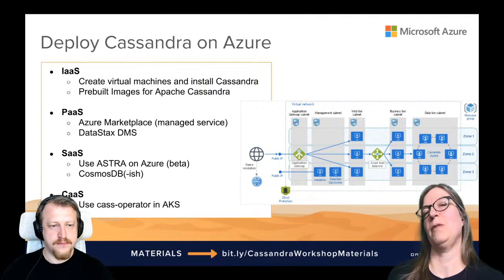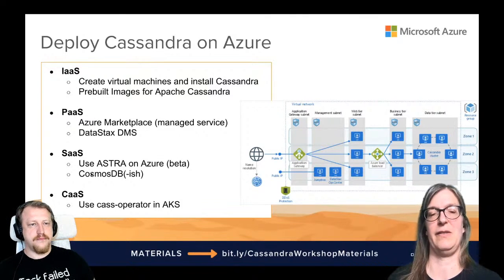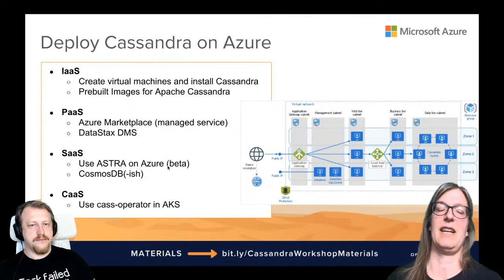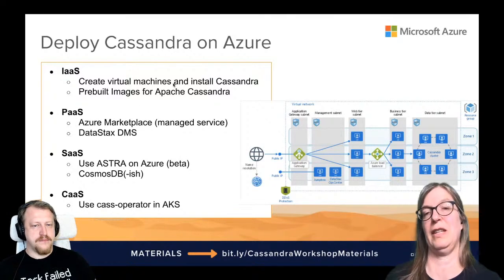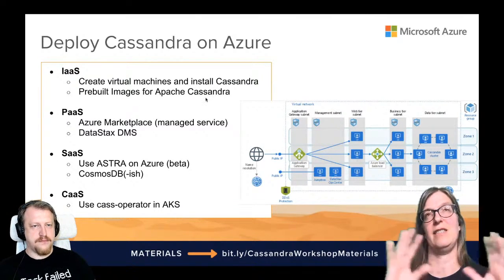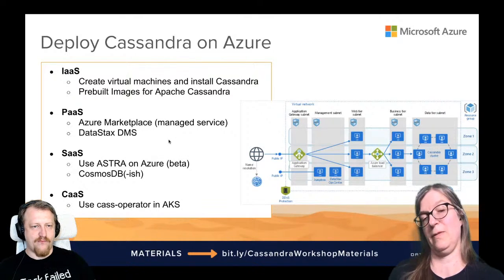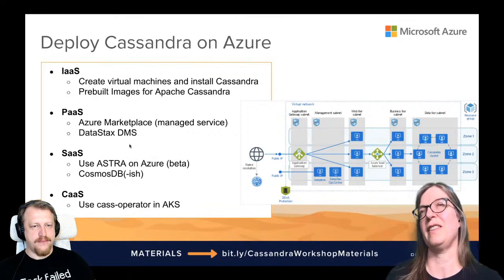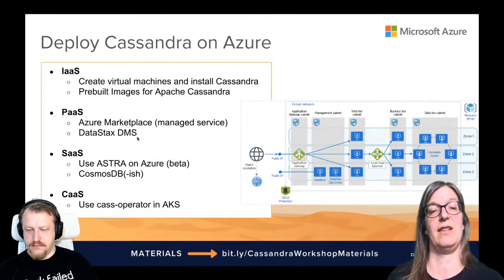And then if you want to deploy Cassandra on Azure, it's exactly the same picture as before. You have these different layers of abstraction and where the management is taken for you. Again, you can do it with just the instances, install entirely your version of Cassandra that you want. We again have pre-built images. We can get managed services from the marketplace, or, I'm not entirely sure whether we offer this still, but we have customers who use DataStax managed services.